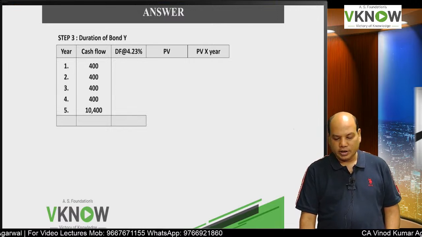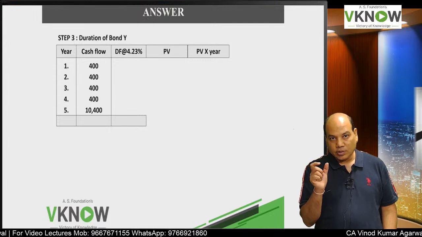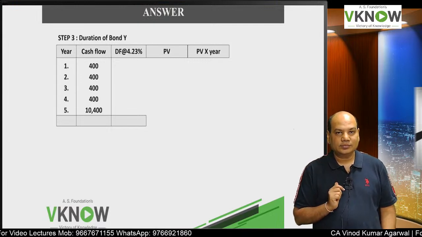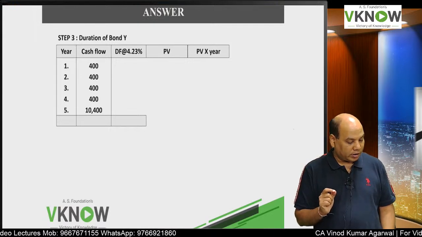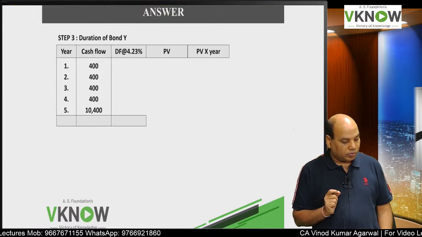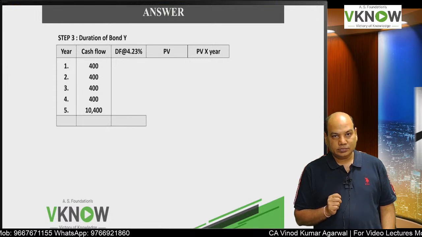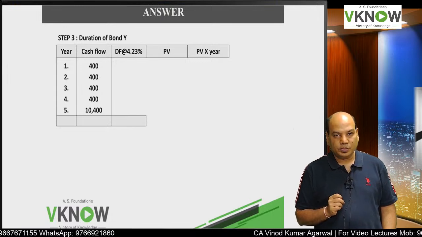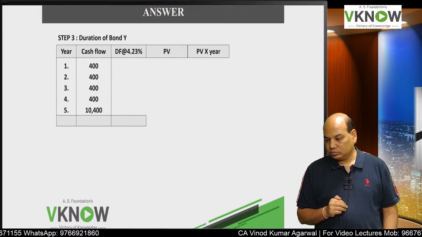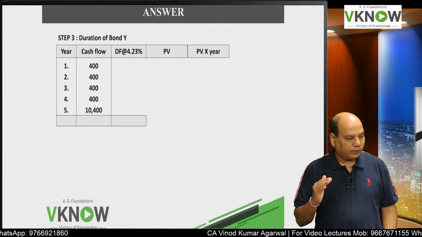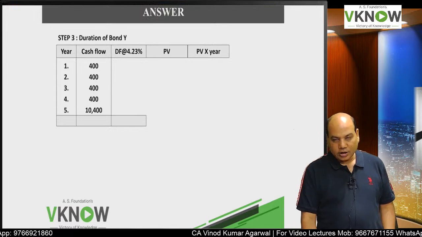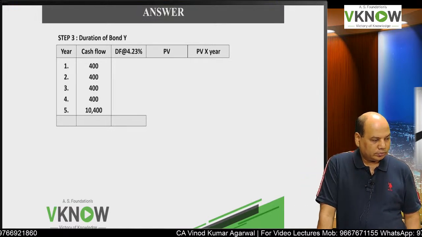Duration of bond Y. Here also I am going to take the same YTM because that is what is written in the problem. This bond has coupon rate 4%. So 4% of 10,000 is 400 rupees 4 times, and last year 10,400.